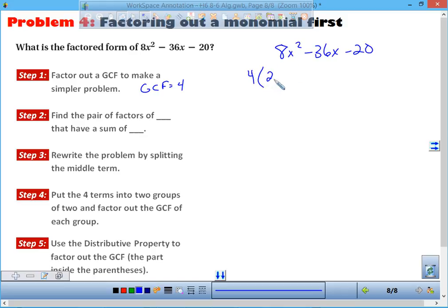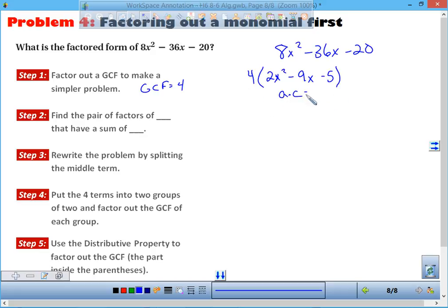So now it gives me 2x squared minus 9x minus 5. Oh wait, sorry, 36 divided by 4 is 9, so minus 9x, and 20 divided by 4 is 5, so minus 5. And now from here, I multiply my a times c.